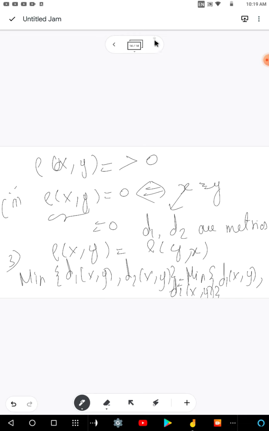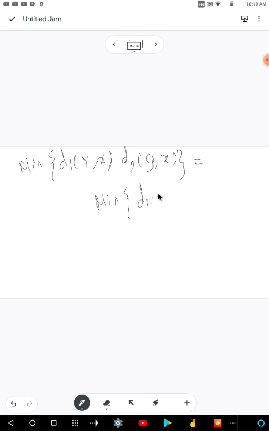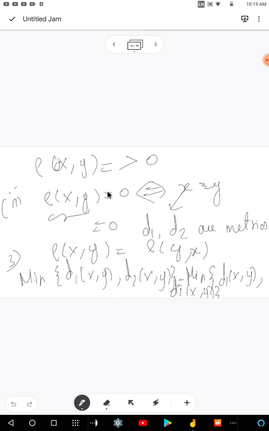Since d1 and d2 are metrics, this is the minimum of d1 of y comma x and d2 of y comma x, which is equal to the minimum of d1 of x comma y and d2 of x comma y.